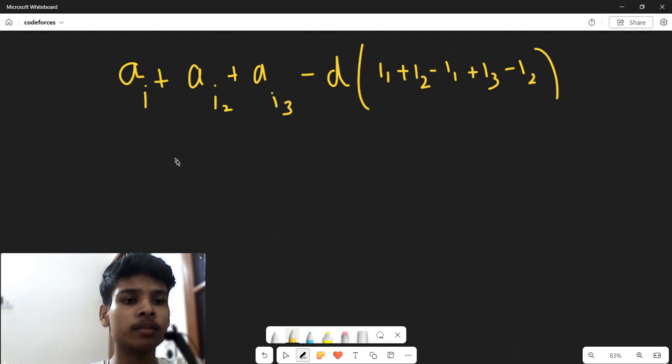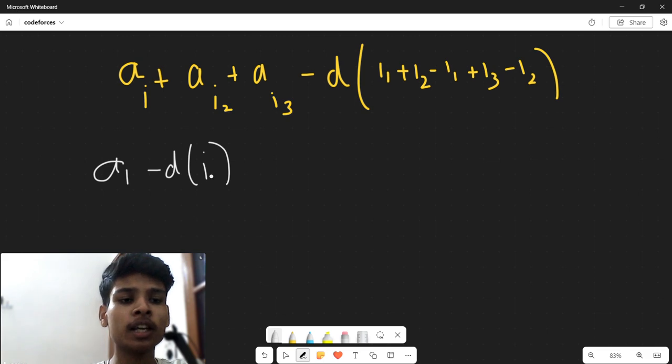If I rewrite the equation like this, it is one and the same thing. For i1, what is its value? a[i1] minus d into i1, because it's the first value.